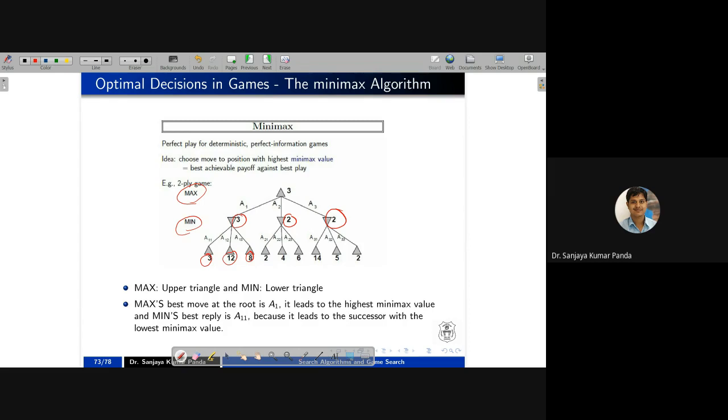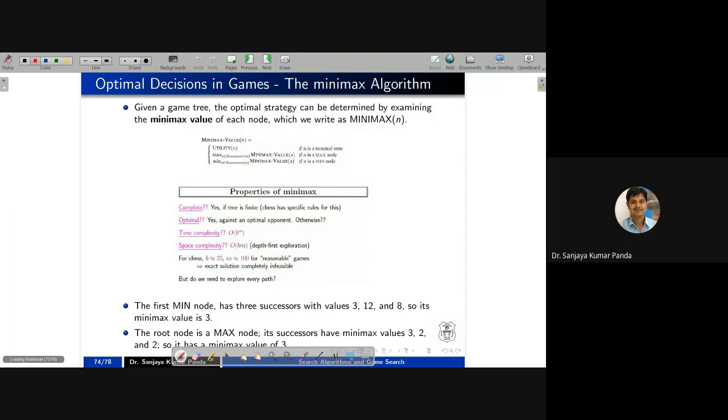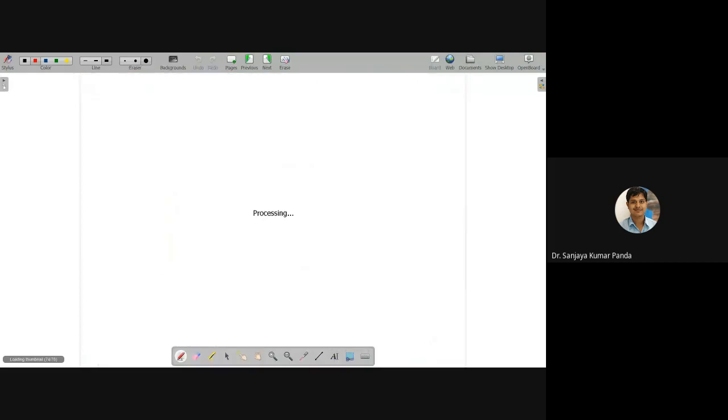So what will max do? Max will take the maximum value of these three, which is 3. Min takes the minimum value, max takes the maximum value. Like that, they alternate to play this game. These are the different complexities, and you can see whether they are optimal or complete. In this case, minimax is optimal. You can go through it.